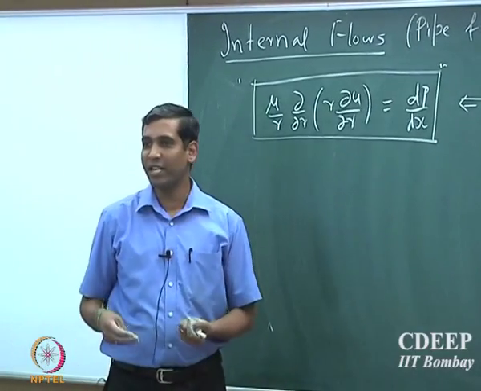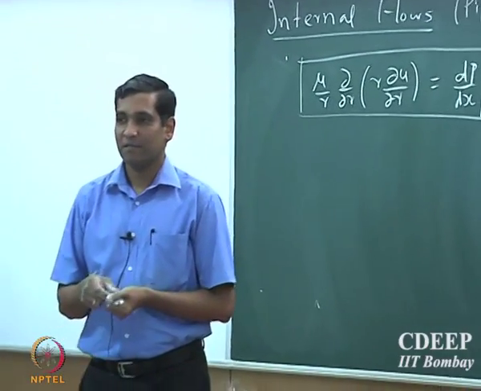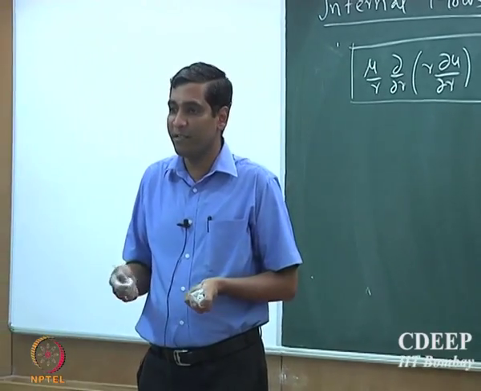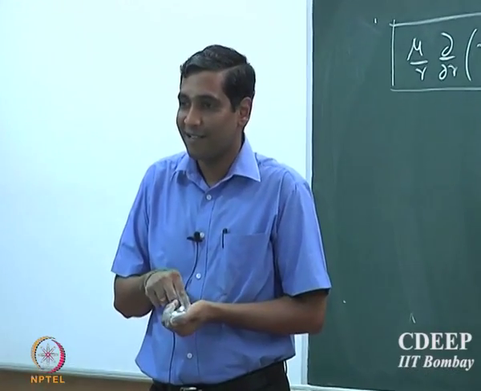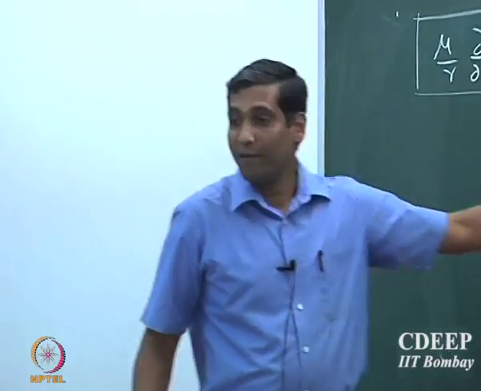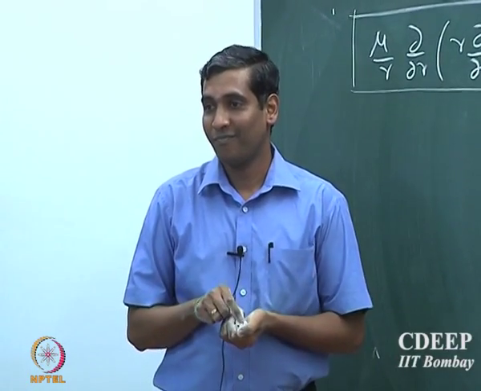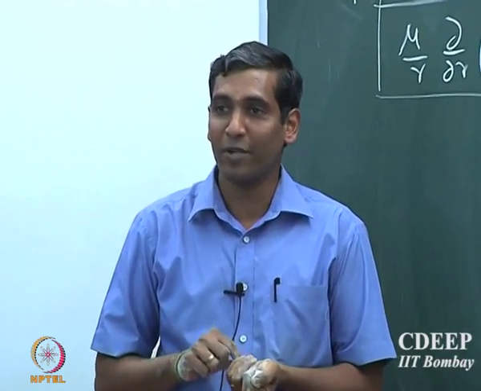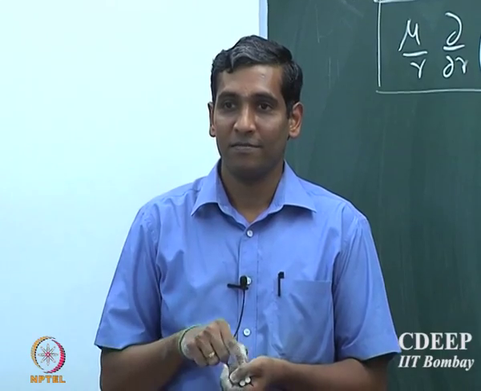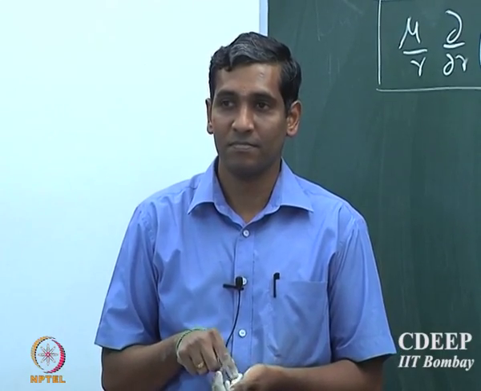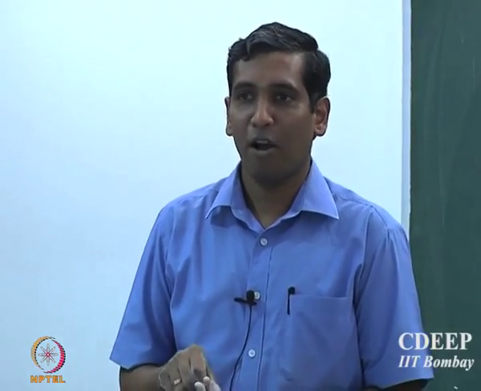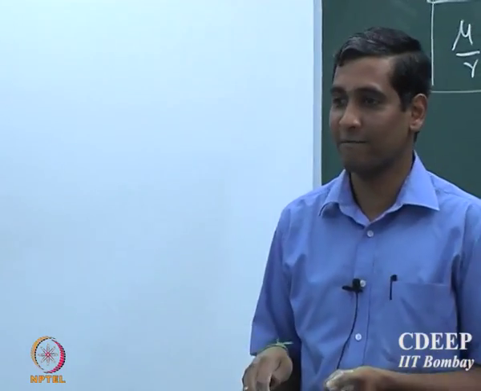How do we find the pressure gradient? Is it a measurable quantity? Yes. How? We want the pressure gradient in the fully developed regime. So how do we find the pressure gradient? How many of you have heard of the friction factor? Friction factor, right?